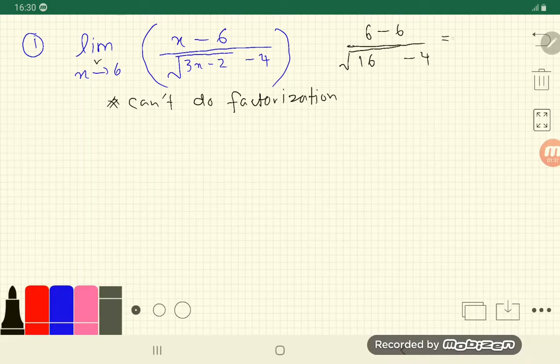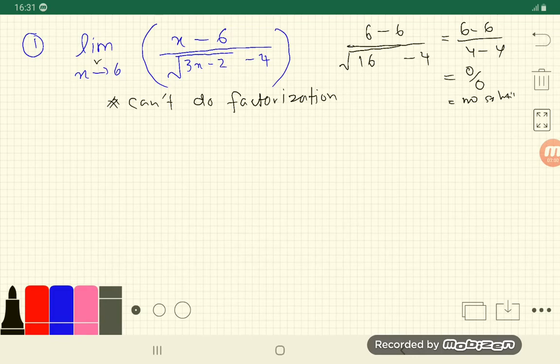So if we calculate here, you are going to get 6 minus 6 divided by 4 minus 4. So you are dealing with the indeterminate form, which still has no solution. Here we actually get stuck.